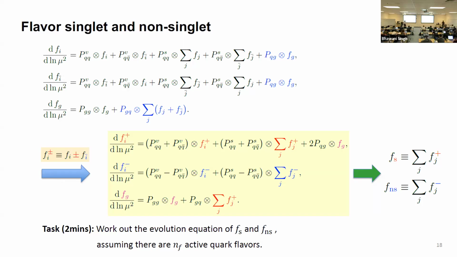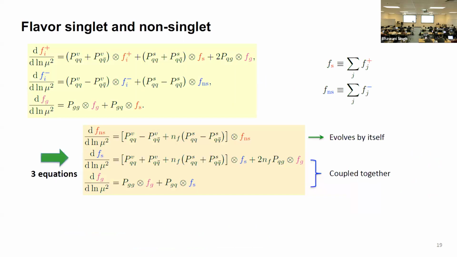Okay, so 2 minutes is short. And I hope you have derived something. At least you have got some idea about what you are trying to do. By summing over the flavors, what we get is here. The first one, Φi plus. Now I reordered this a little bit.